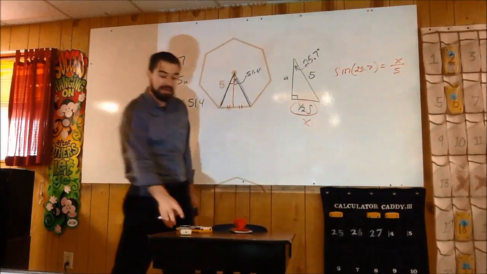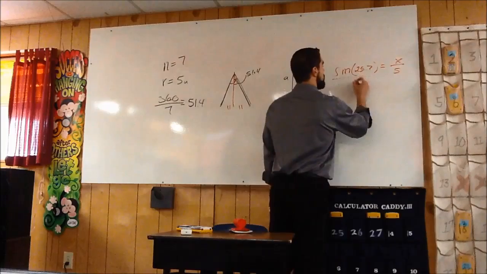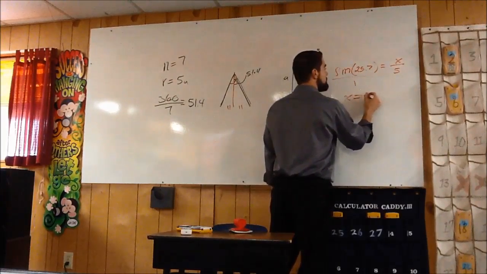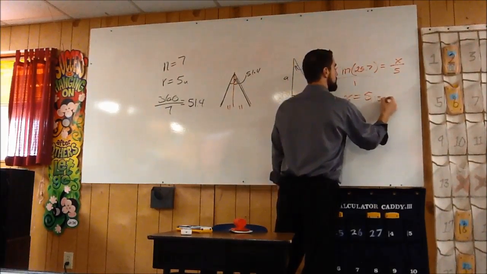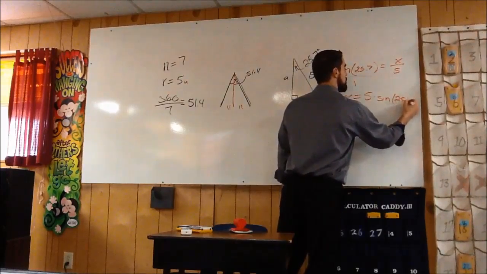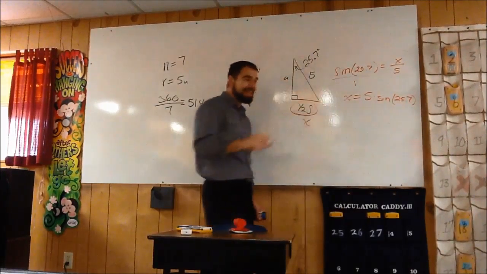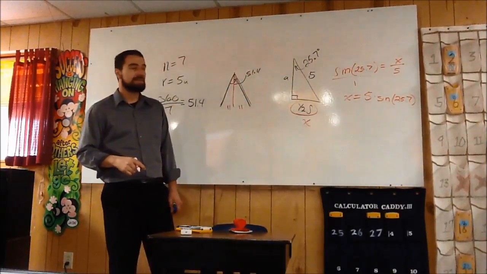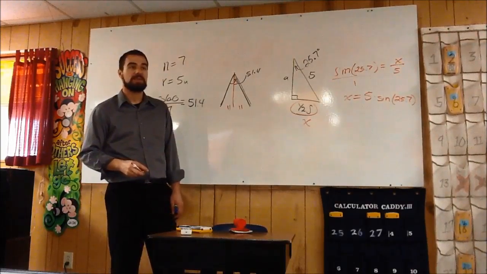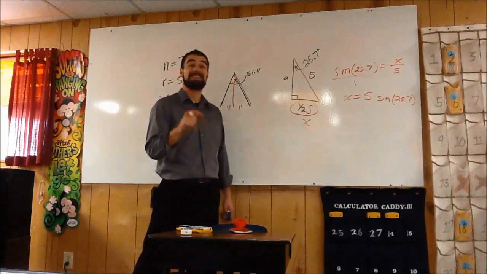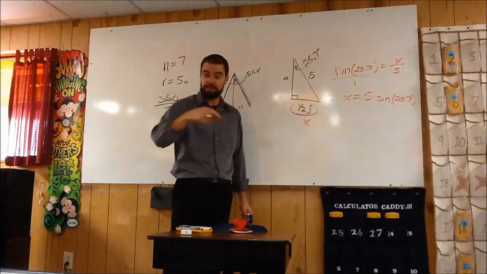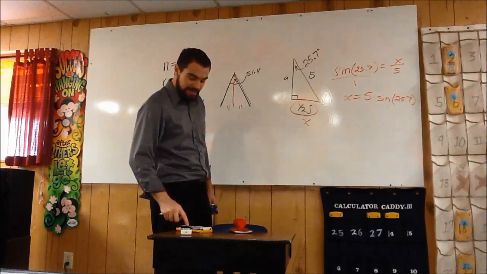Whenever you're solving for a side length, we're going to put the trig function over 1 and cross multiply. And we get that x is 5 sine of 25.7 degrees. Remember, x is half the side length. We've got to double that when we're done. Rounding to the nearest tenth.